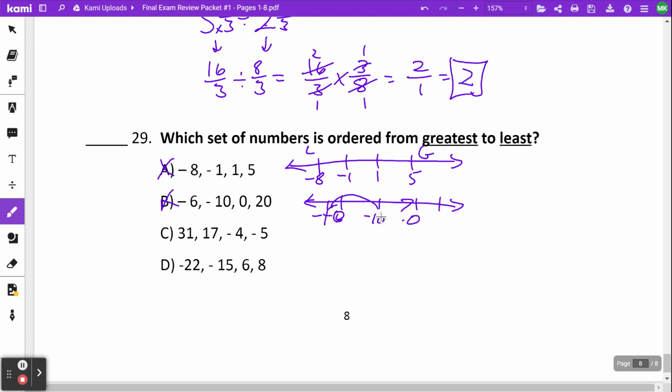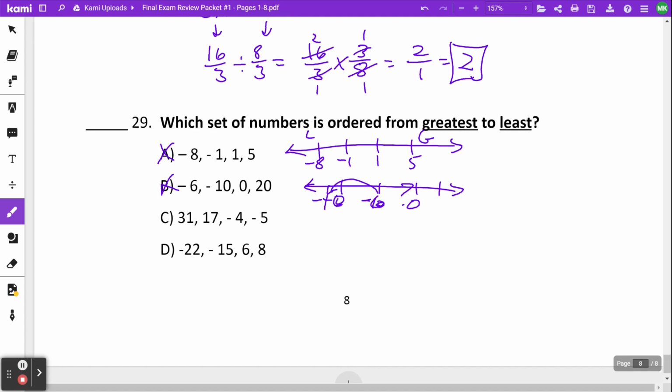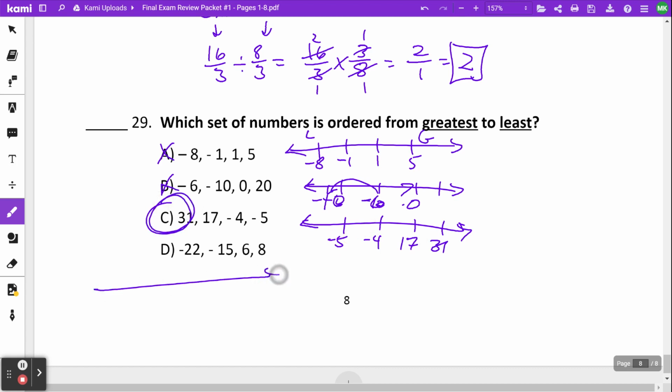Okay, the -10 would be there, the -6 would be there, then the 0. Totally out of order. Let's see about this guy. Right, so greatest to least. So 31, 2, 3, 4. He's there, perfect. Then the 17, that's working. The -4, then would come the -5, so he's good. One last one. There we go. So 1, 2, 3, 4. The negative 22, well, he's smaller than the negative 15. I want greatest to least. Well, he's already out. Okay, so it's choice C.